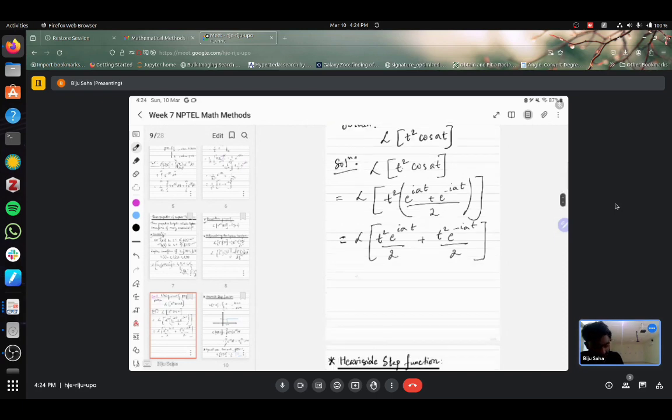Now use your linearity property and split it.